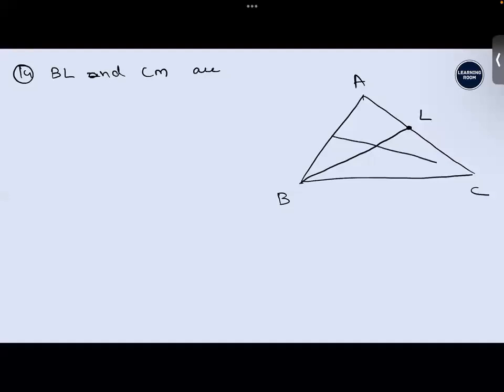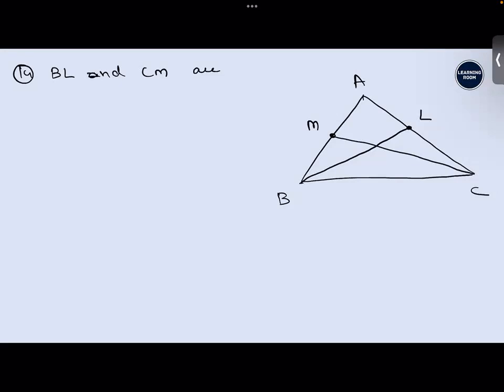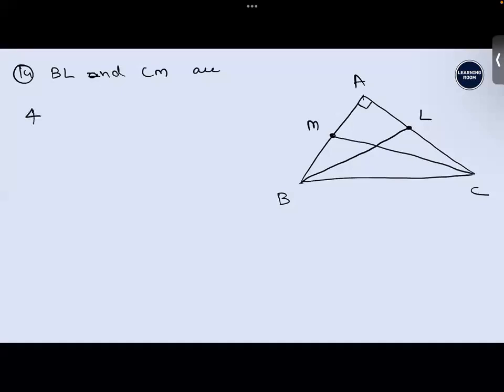BL and CM are the medians of triangle ABC. And remember, this triangle is right angled at point A. Then prove that 4 times BL square plus CM square is equal to 5 times BC square.